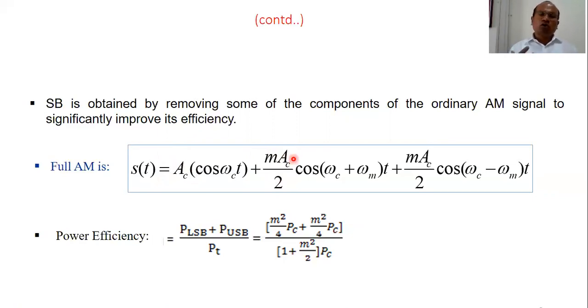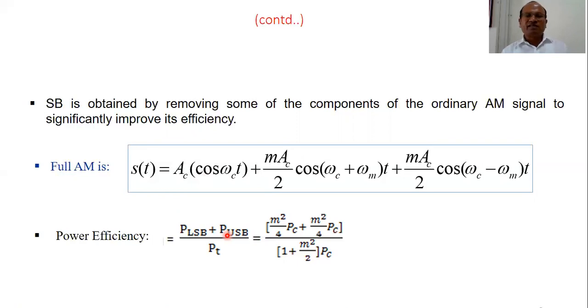How do we define power efficiency actually? In double sideband, power efficiency means, how much power is actually required to send the signal? When you transmit both sidebands, LSB and USB both are sent.